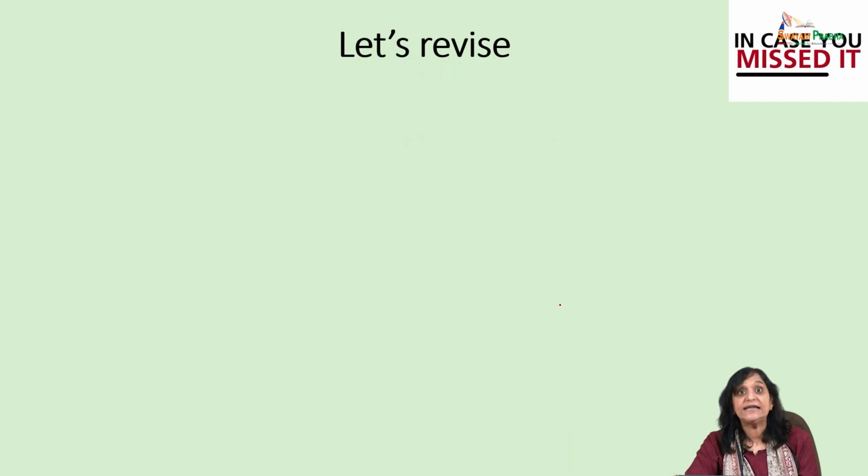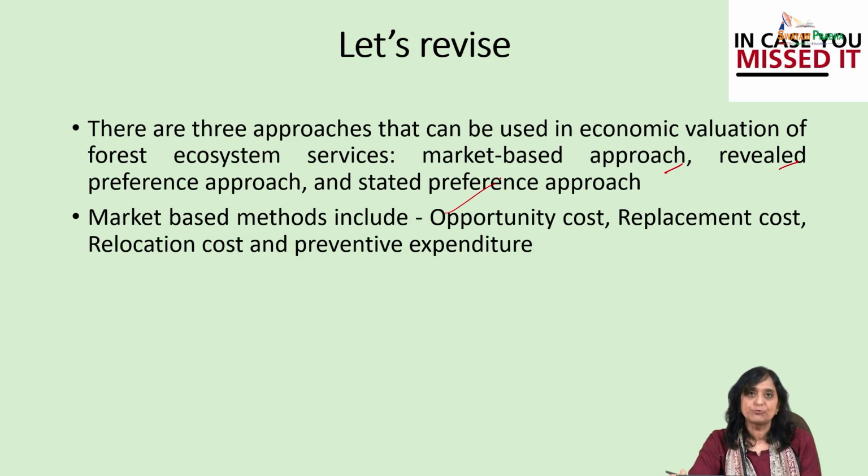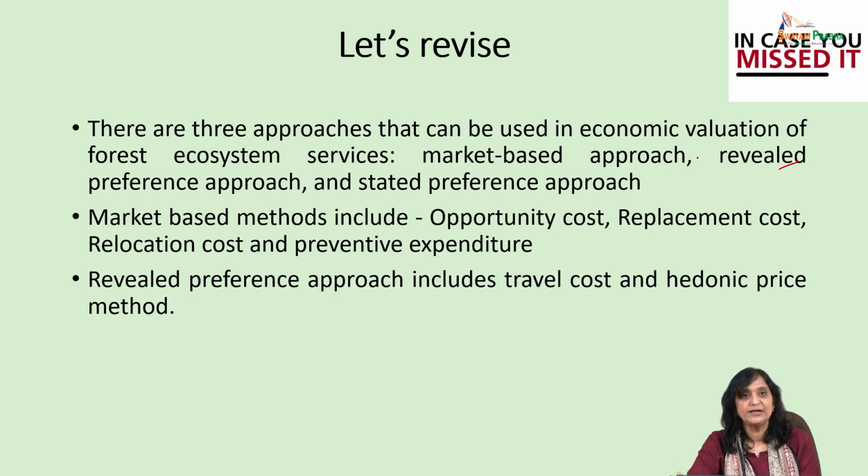So what have we done till now in environmental valuation in all the 3-4 lectures? Let's revise them. We had said that the 3 approaches that can be used for economic valuation: market-based approach, revealed preference, and stated preference. In the market-based approach, there are 4 approaches: opportunity cost approach, replacement, relocation, and preventive expenditure.